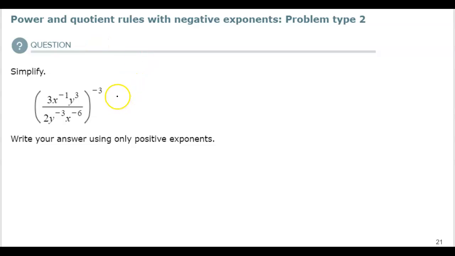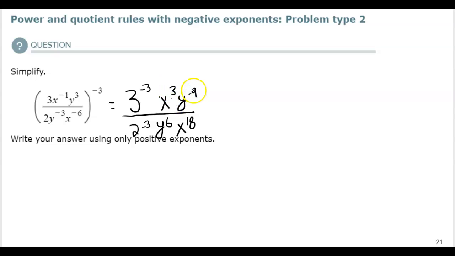Sometimes you're asked to distribute a negative exponent. So I'm just going to give everything a negative 3. That becomes y to the 6, x to the 18, x to the 3, y to the negative 9.